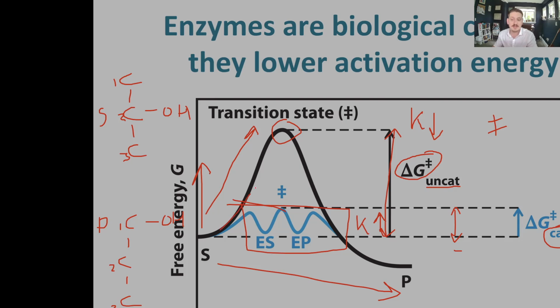If it's stabilized, the energy required to get to it is lower because it's not so undesirable, because it's being stabilized by the magnesium. It is easier to get to that transition state, and then once you get there, it's all downhill to drop off this OH because it doesn't really want it, even if it is being partially stabilized by the magnesium. So it's really easy to drop off and get to that lower energy level of the product.